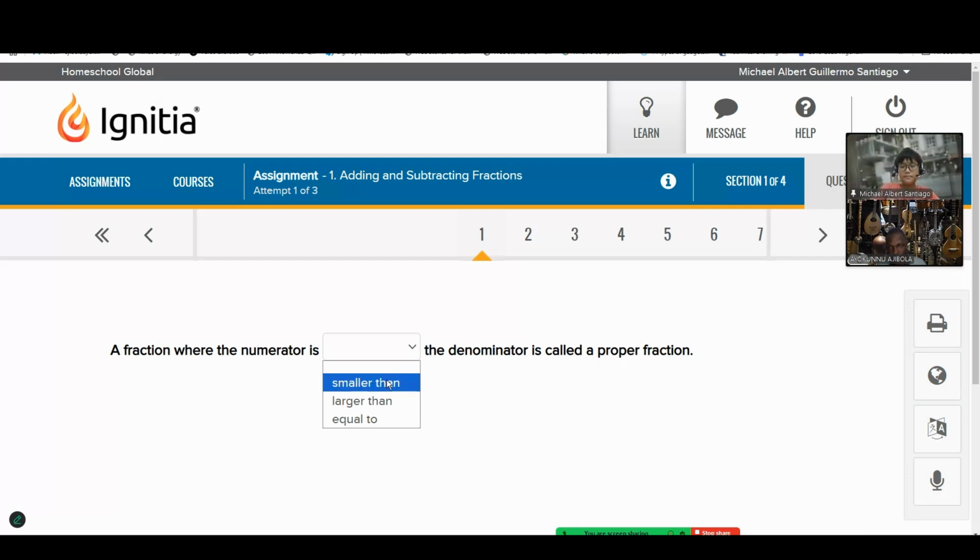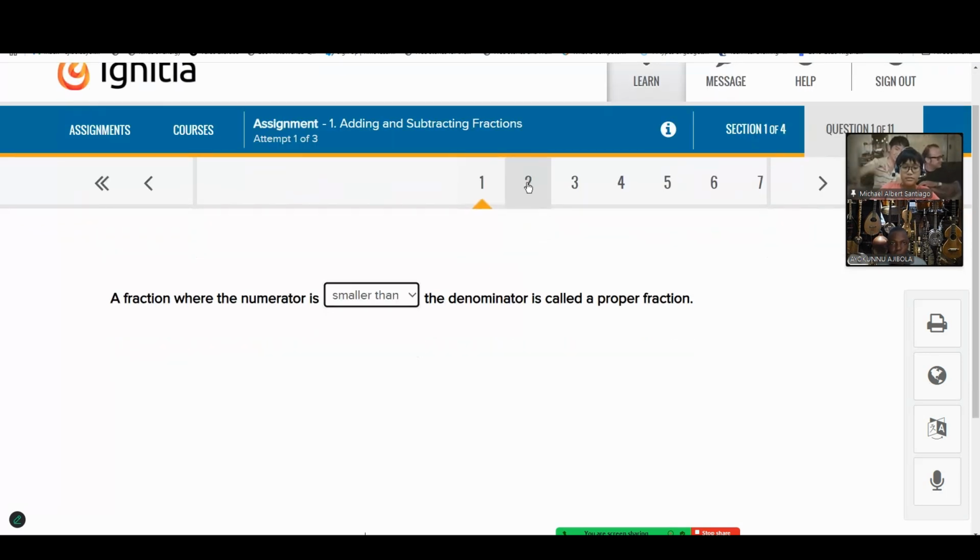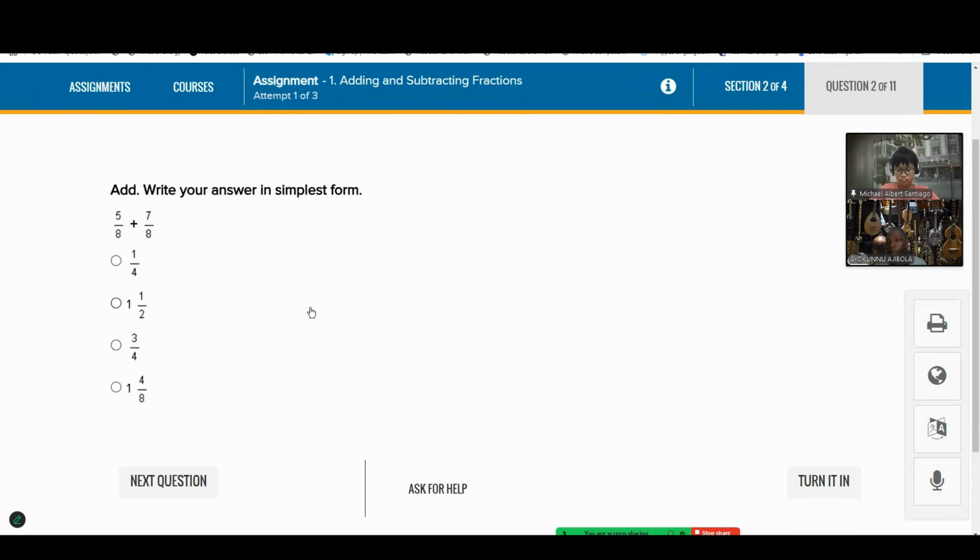So the numerator must be smaller than the denominator, okay? Then the second page, write your answer in the simplest form. What is 5 plus 7? That's 12. 12 over 8 is what? One whole number.